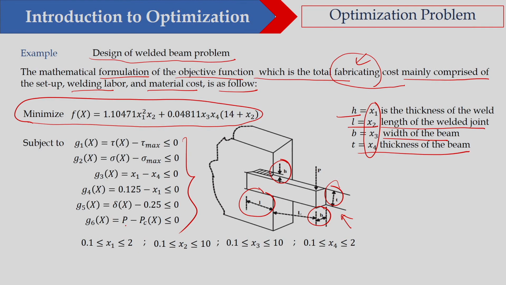These 6 constraints are defined, and the lower limit and upper limit of x1 are 0.1 and 2, that means the range of x1 is 0.1 to 2.